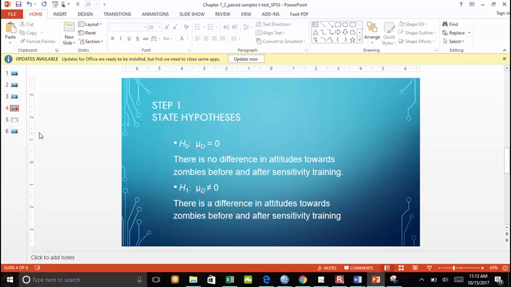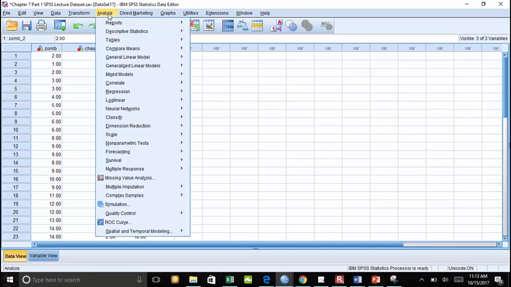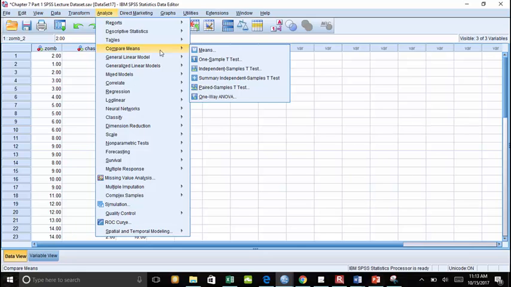That's always step 2. So let me get over here to our data again. And you can follow along with me. Again, the steps are in your textbook on page 101, and 102. But you basically go to Analyze, Compare Means, and over from this menu, you're picking the Paired Samples t-test.